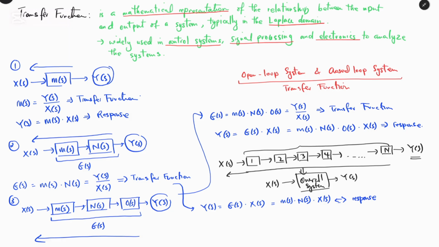This is the early step to understanding the transfer function in an open loop system, because it is important when you want to learn control systems, signal processing, and electronics. It becomes more handy to learn the mathematical modeling.